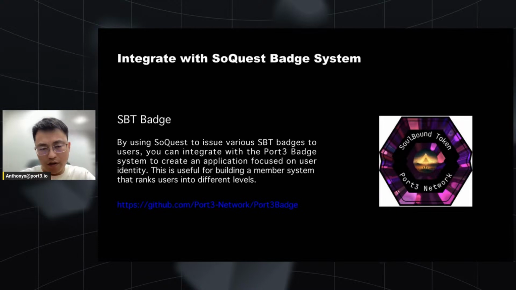So you just focus on users' identity, and don't need to care about how to create Soulbound tokens. This is useful for building a member system that ranks users into different levels, and we have created repositories on our GitHub.